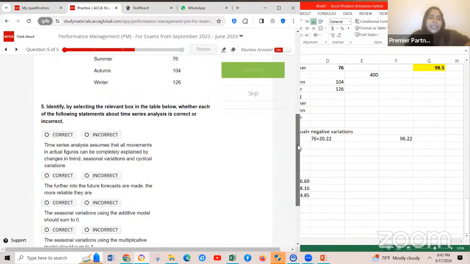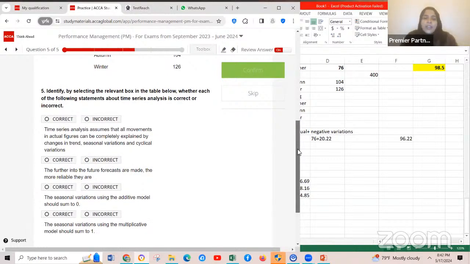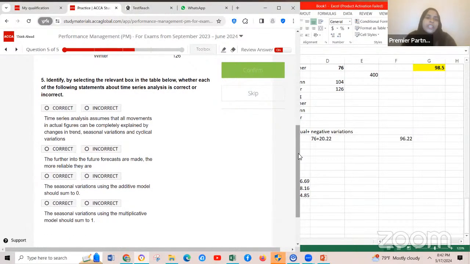Then here, identify by selecting the relevant box in the table below whether each of the following statements about time series analysis is correct or incorrect. Time series analysis assumes that all movement in actual figures can be completely explained by the trend, seasonal variation, and cyclic variations. Correct or incorrect?